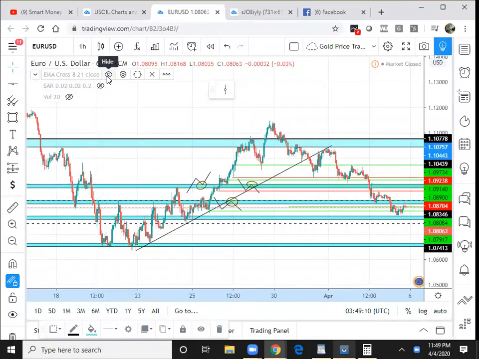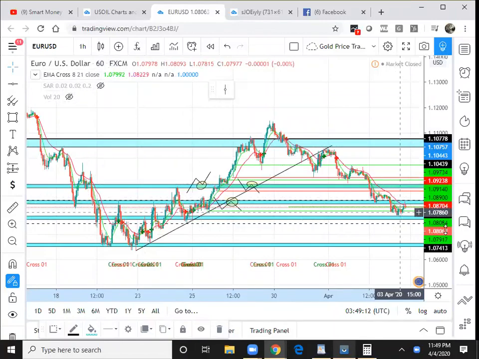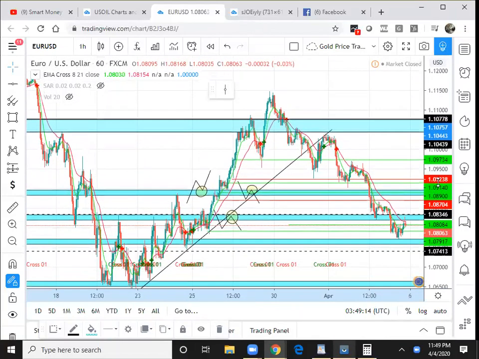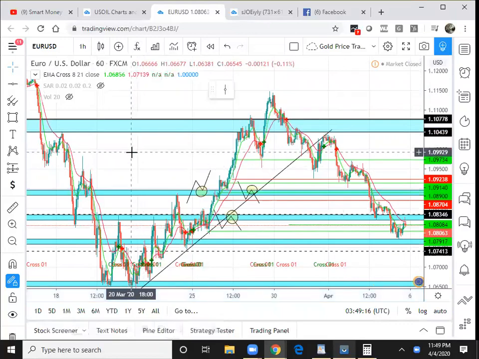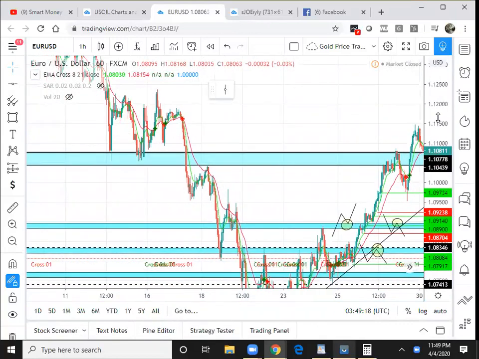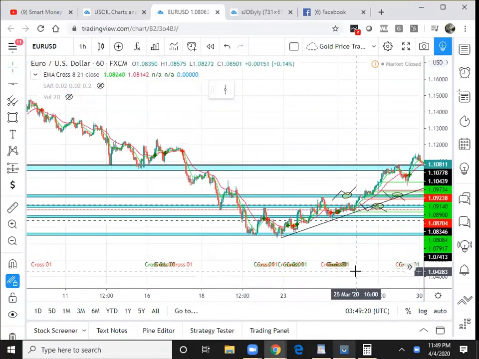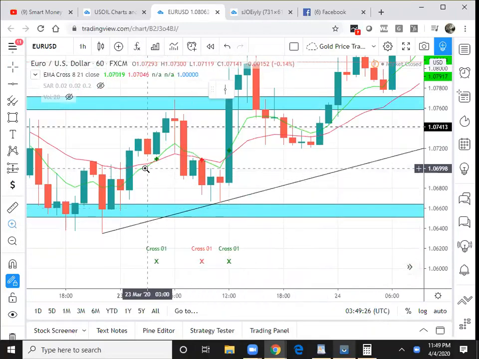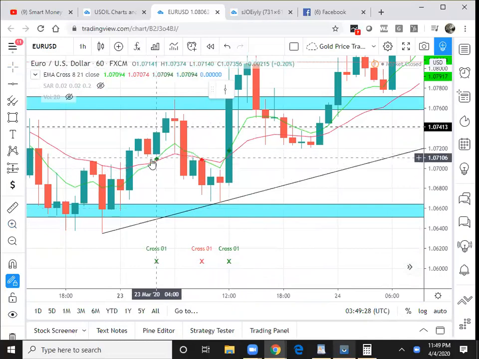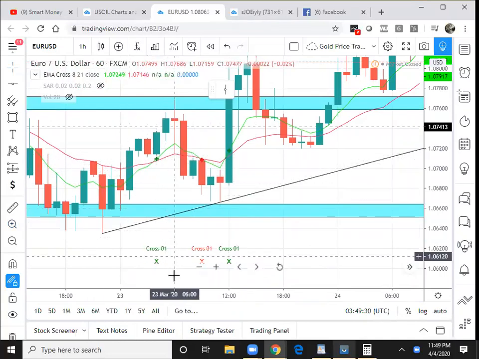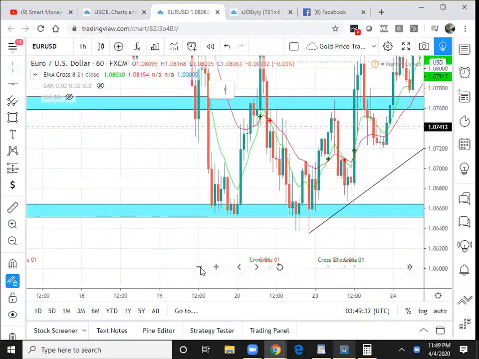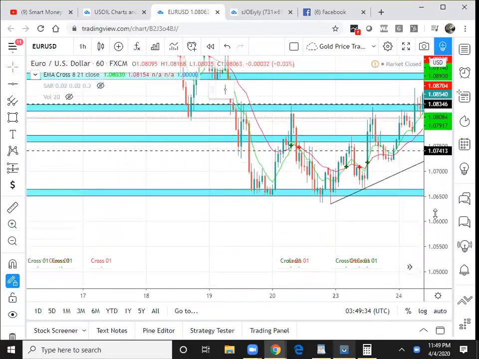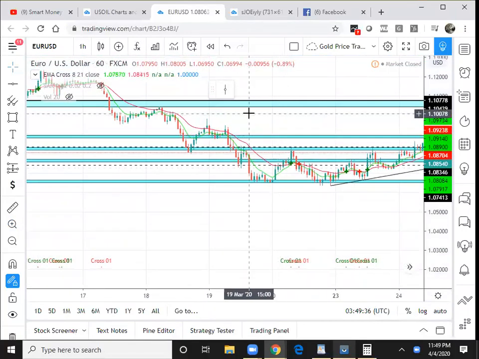I have it here, and basically the lines cross when they change in direction. So when it's going up, the green line will cross the red line. Right? When it's going down, the red line will be above, it will cross and be above the green line.